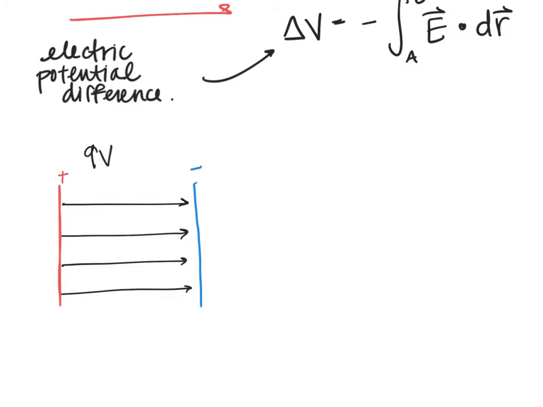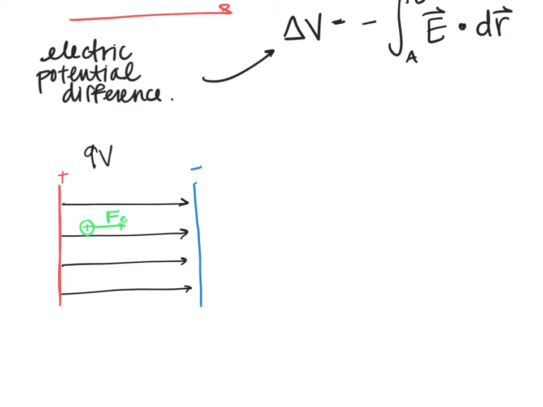If you imagine moving a positive charge, this positive charge would experience an electric force to the right. And as it moves, the electric field would do positive work on the positive charge, and the electric potential energy of the charge would be decreasing.